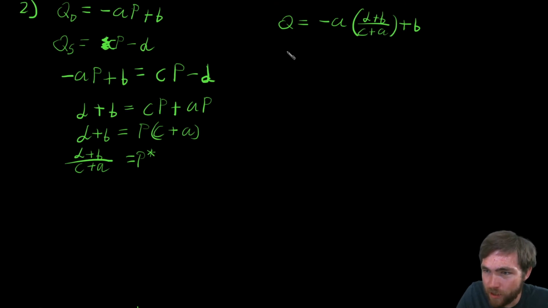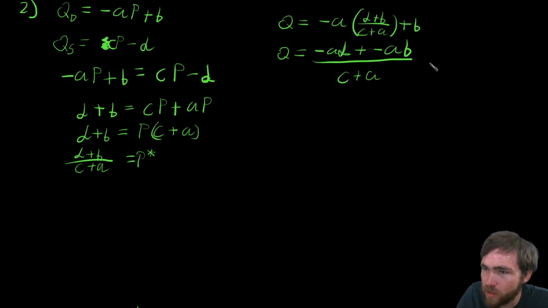So multiplying the negative A in, we get Q is equal to negative AD plus negative AB over C plus A, plus B. So now we can go ahead and put these over a common denominator.